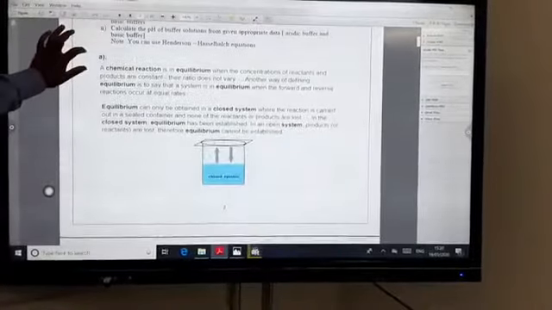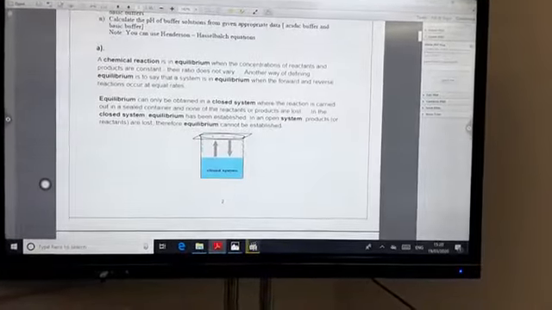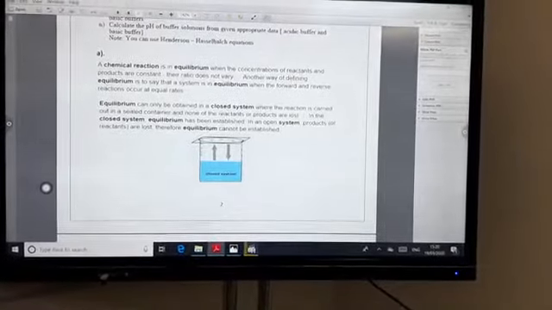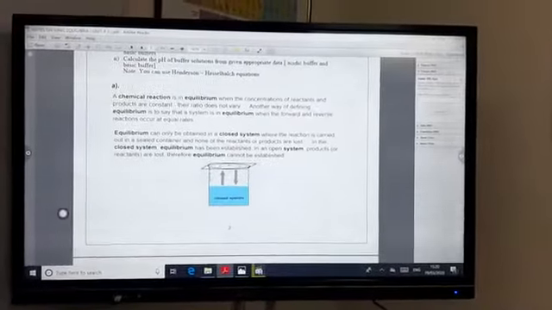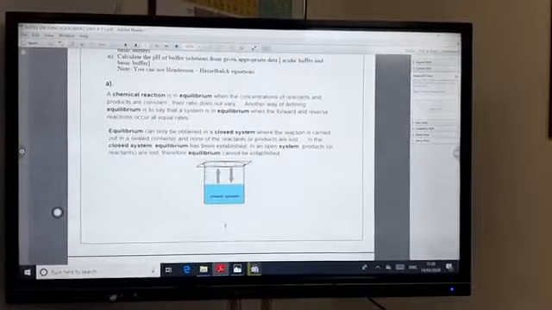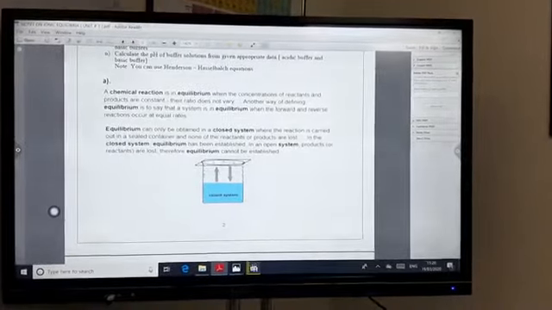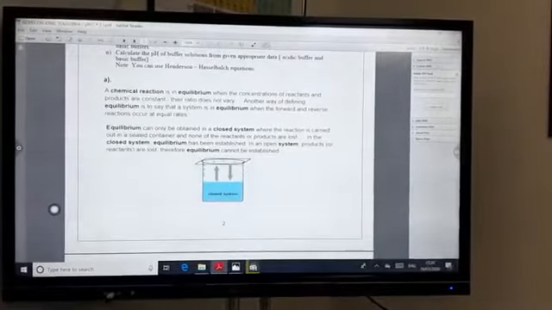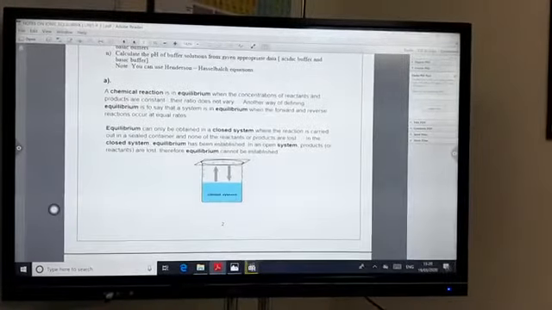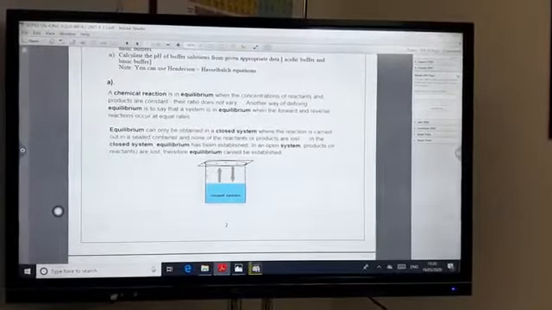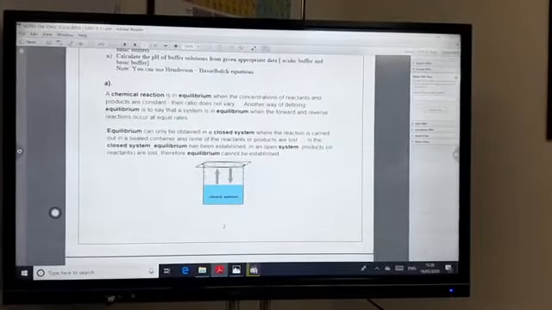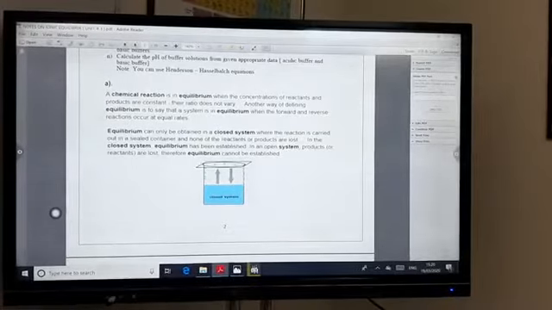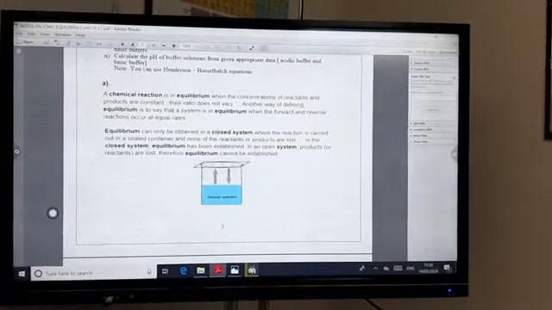Then come on here, what is equilibrium? First we want to define what is equilibrium. A chemical reaction is in equilibrium when the amounts of reactant and product are constant and their ratio does not change or vary. Another way of defining equilibrium is to say that equilibrium is when the rate of forward reaction is equal to the rate of backward reaction, because we can define equilibrium both ways.